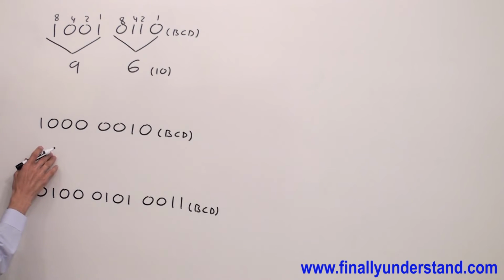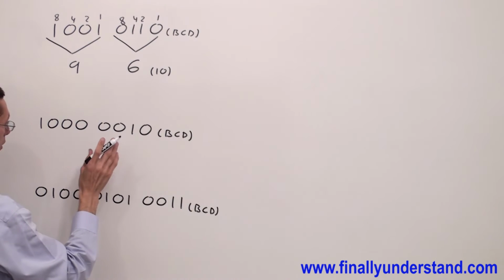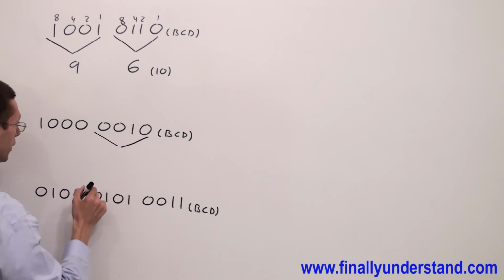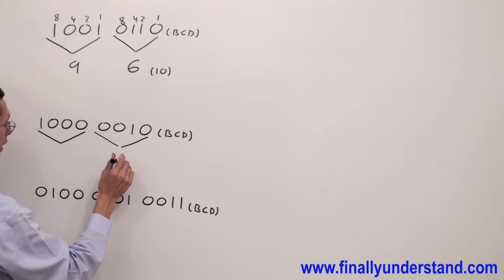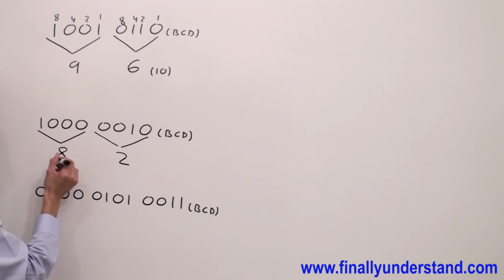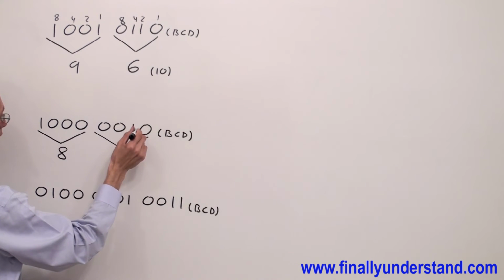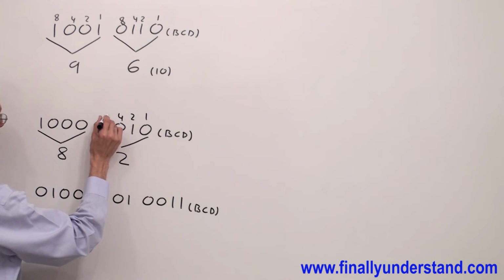Let's take a look at the next example. Again, we're supposed to make the groups of 4 binary bits. This is binary 2. This is binary 8. Someone is going to ask, how come? Just simply write weight over every single bit. 1, 2, 4, 8.